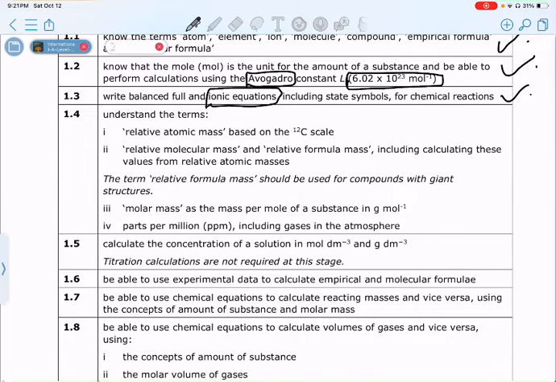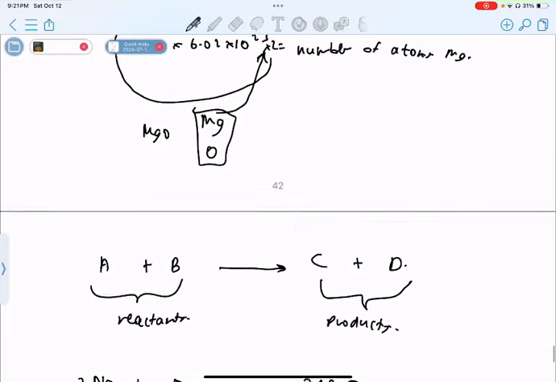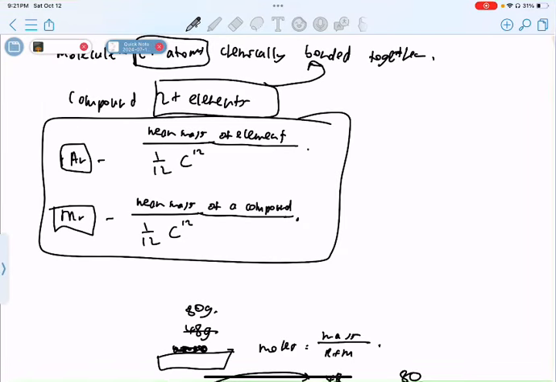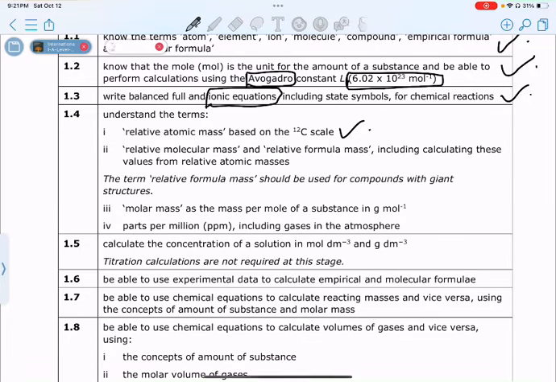Understand the terms relative atomic mass based on the carbon-12 isotope scale. We've done that already up here, as you can see here. We did it over here. Okay. So next is relative molecular mass and relative formula mass, including calculating these values from relative atomic mass.